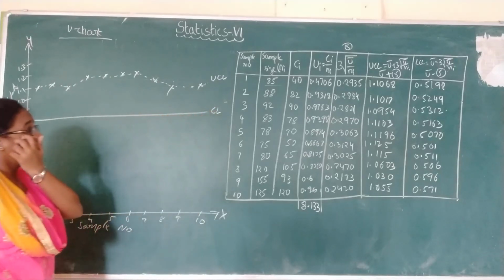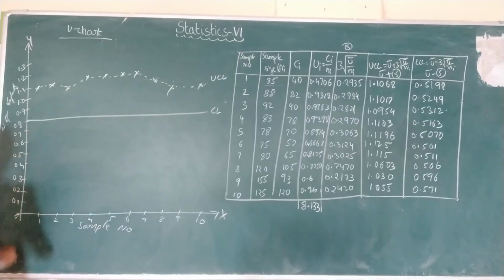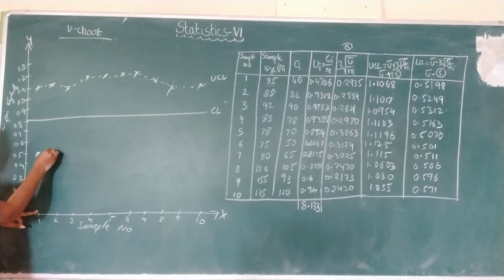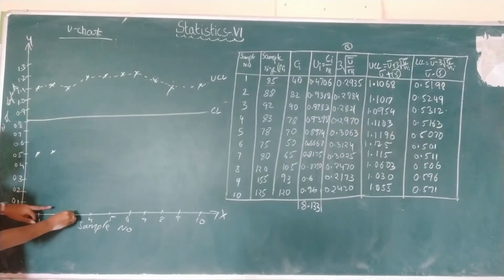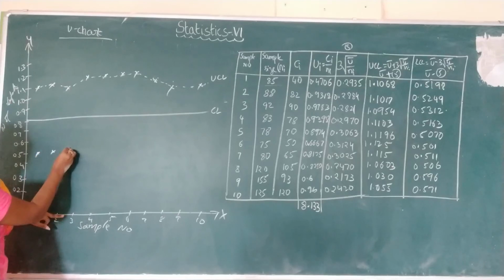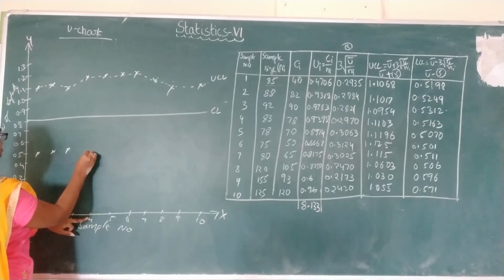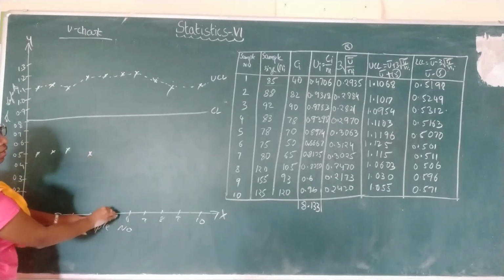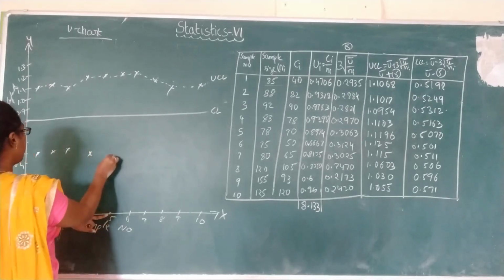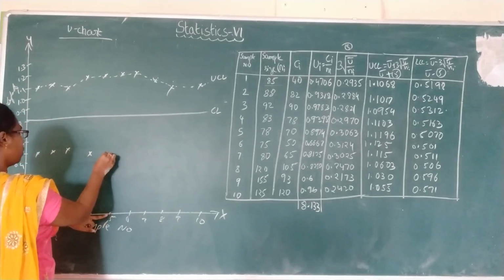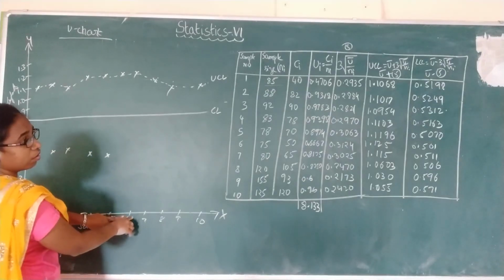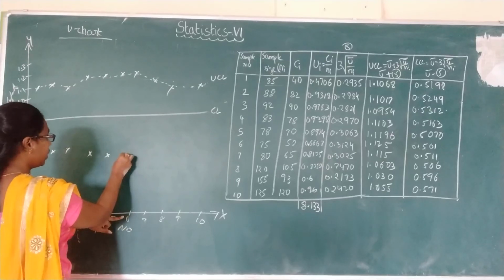Next plot the LCL values. 0.51. Next is 0.52. Next is 0.53. Next 0.51. Next 0.50. Next 0.50 again.